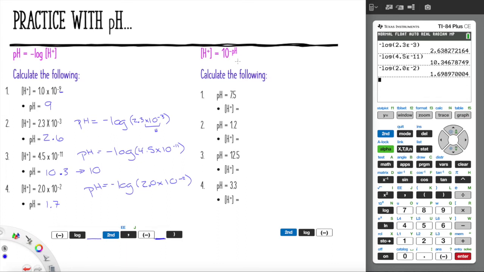And remember, if this pH value is a whole number, meaning it has no decimal in it, then our concentration is just going to be 1.0 times 10 to the power of that pH. But in this case, it doesn't look like that's the case. They're all decimal numbers, so we're going to have to use this equation right here.